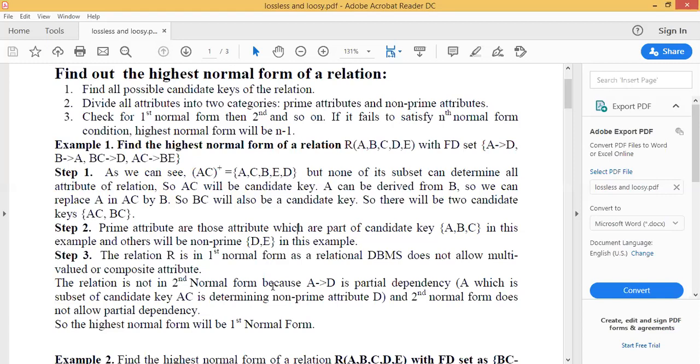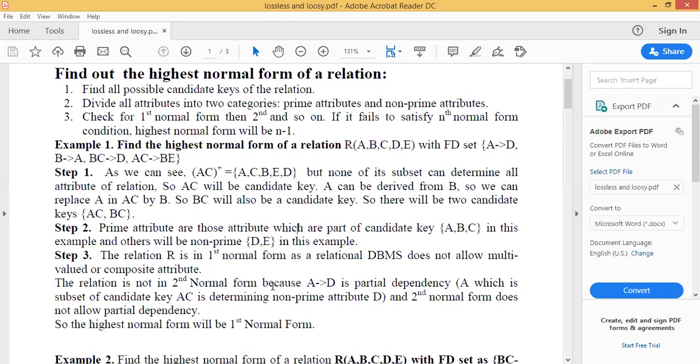The relation is not in second normal form because we can see the functional dependency A arrow D, also called A determinant D, holds partial dependency, and A, which is a subset of candidate key AC, is determining non-prime attribute D, and second normal form does not allow partial dependency.